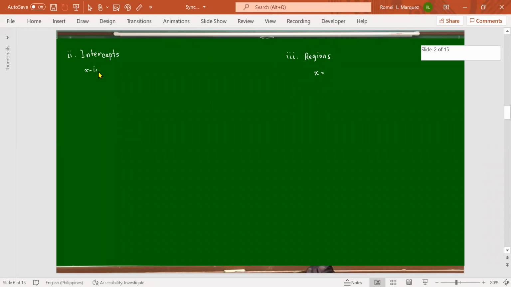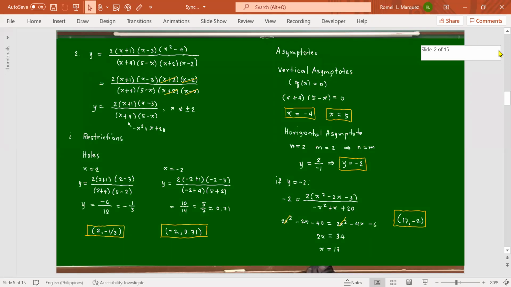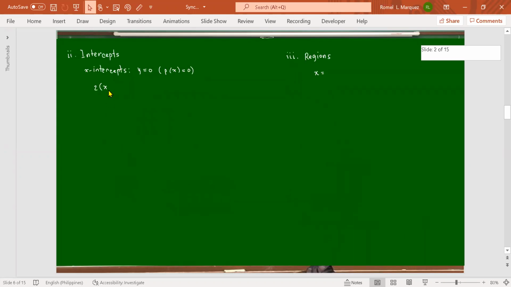For x-intercepts, we equate the numerator to 0. Okay? So, we let y equal to 0. Actually, yung numerator na lang. Yung p of x is equal to 0. Okay, guys? 2 times x, what are the factors? X plus 1, x minus 3.